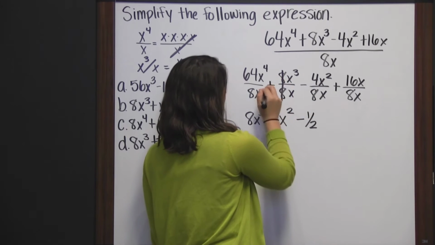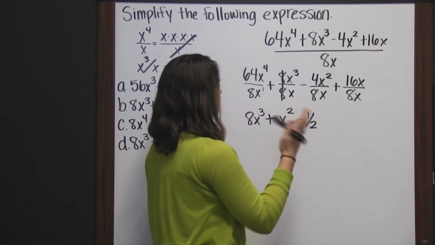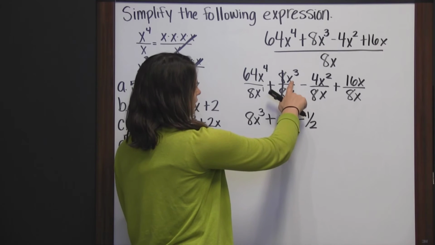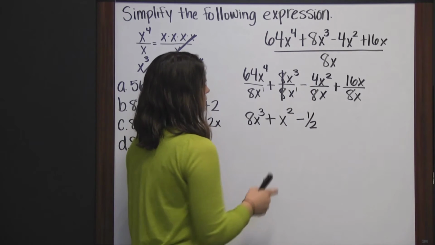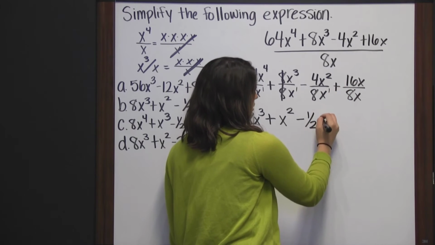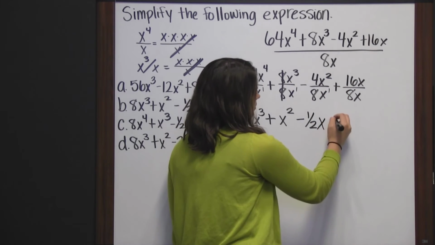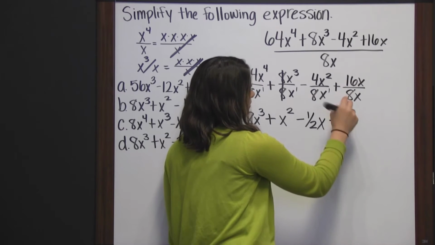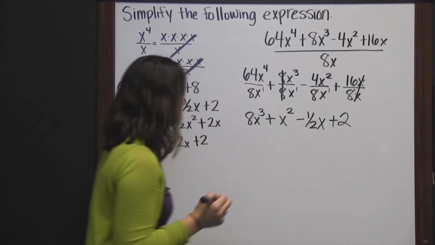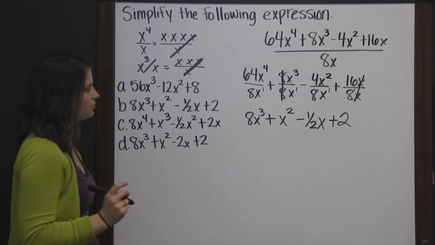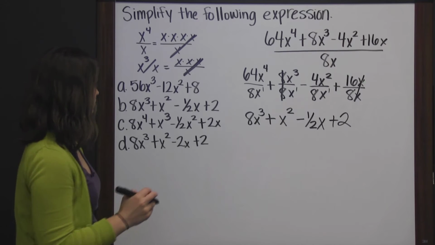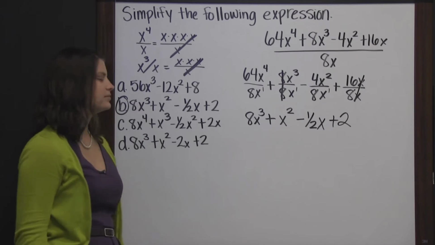So x to the 4th minus x to the 1st, or x to the 4 minus 1, x cubed. So here we have x to the 3 minus 1, x squared. So now we have x squared minus 1, or just x, plus 16 divided by 8 is 2, and x divided by x is 1. So our answer is 8x cubed plus x squared minus 1/2 x plus 2, which is answer B.